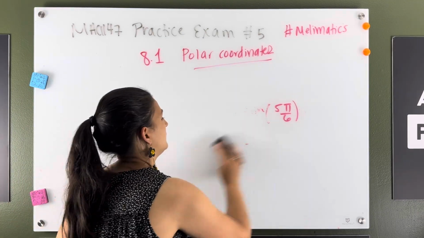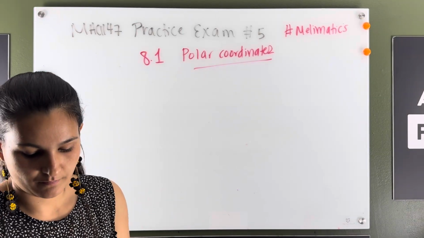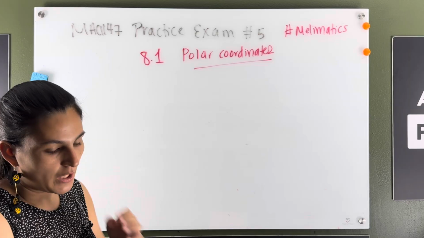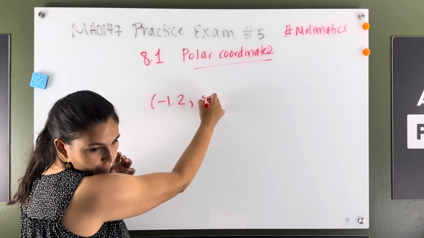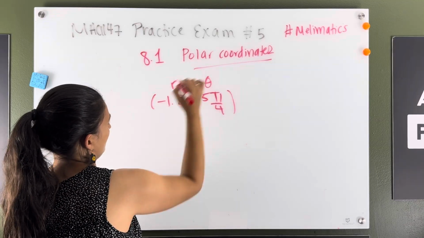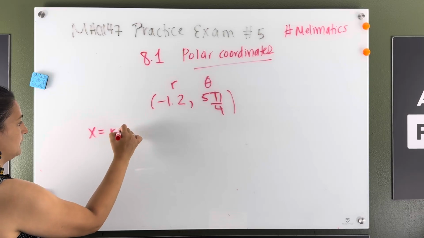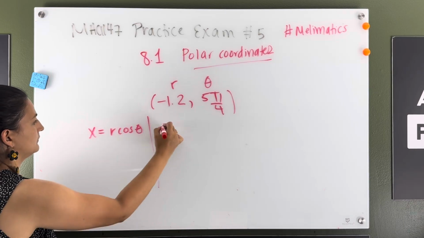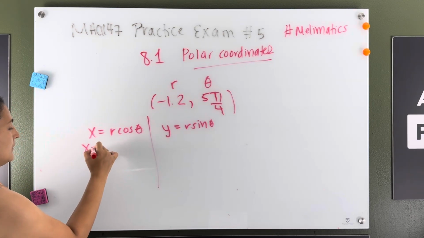Hopefully it's helpful to those of you that watch it, study it, appreciate it. Okay, so here we have negative 1.2 and 5 pi over 4 for my r and my theta. Okay, so let's plug in.